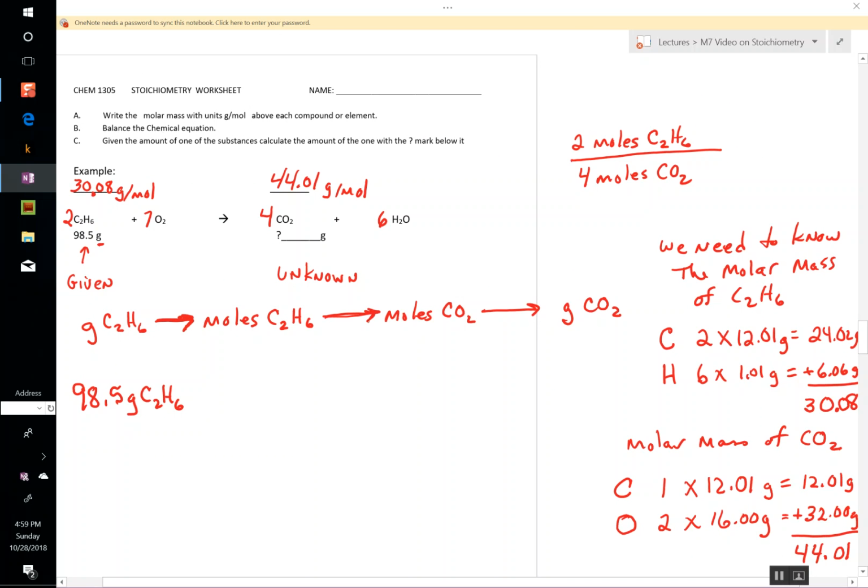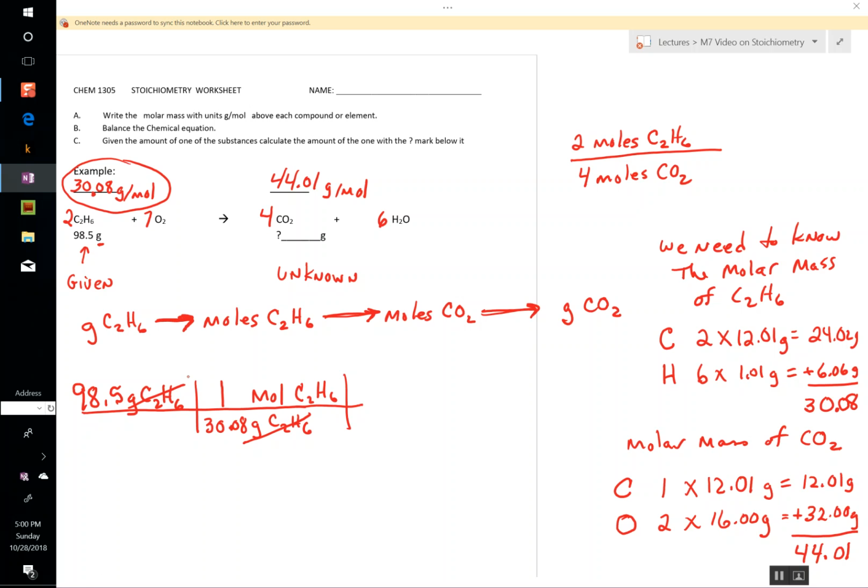Right on across here. So the very first thing we have to do is convert the grams of C2H6 to moles of C2H6. So I've got this conversion factor up here, but how do I use it? Well, I'm going to put grams of C2H6 down here and the mole up here. So 1 mole of C2H6 is 30.08 grams. And you can see that the grams of C2H6 cross out, and I have gotten to my first step there. I've converted the grams of C2H6 to moles.